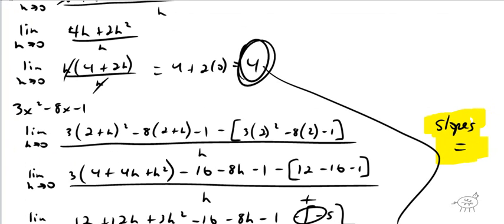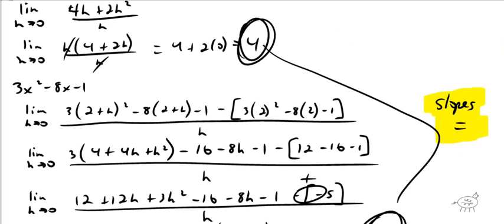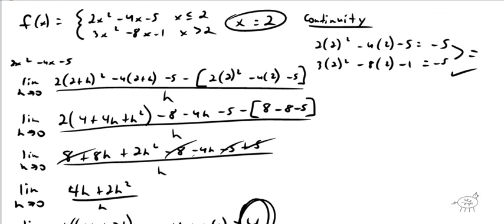And we go to the top here, and it's continuous, right? We just found out it's continuous. So it's continuous, slopes are equal. What can we say?